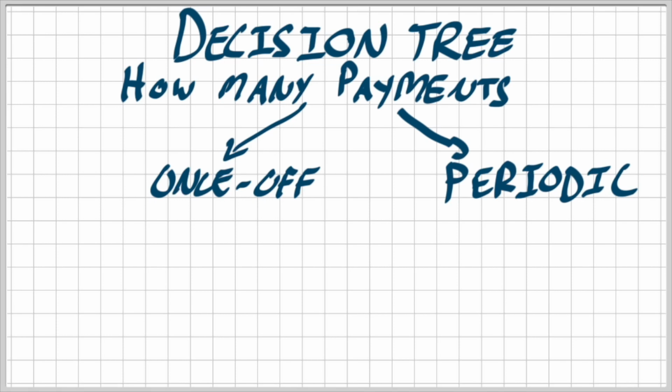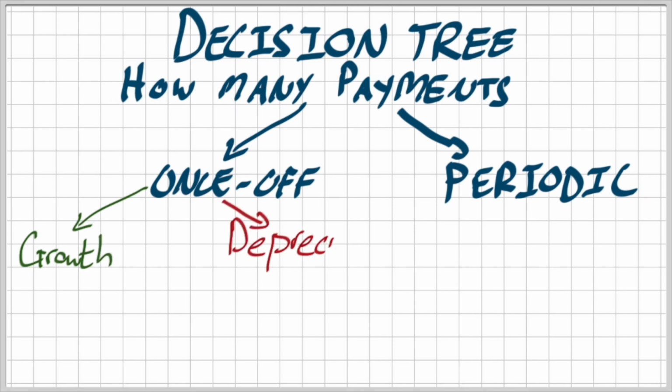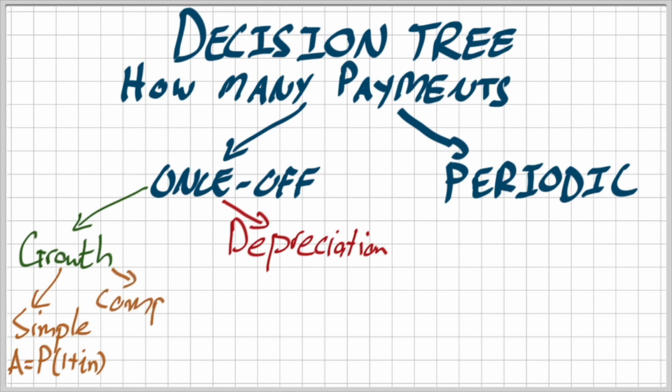When we look at once-off payments, I have to ask myself, is it a growth that's happening or is it a depreciation? If it is growth, I've got growth split in two. Either I can have simple growth, where I use the simple interest formula, or I could use compound growth, and that is a compound formula.